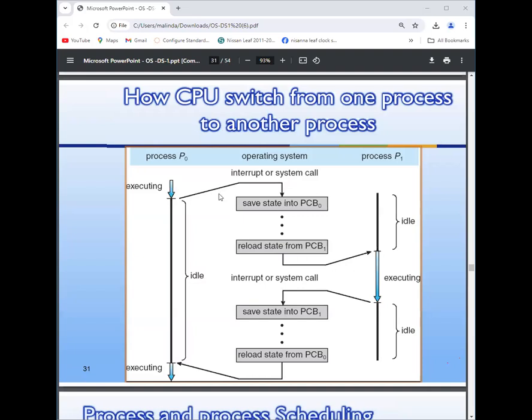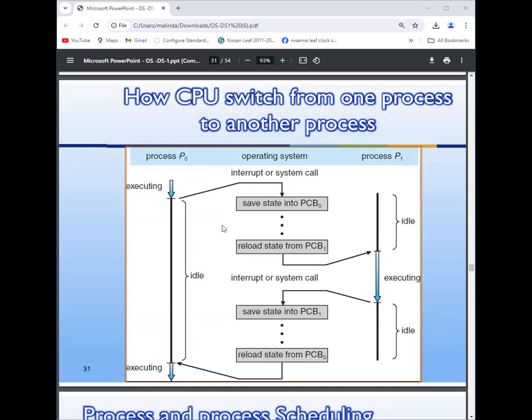So the P0 state is saved, and the process P1 state is read onto the memory and allowed to run on the CPU. Until this time comes, process P0 stays idle.